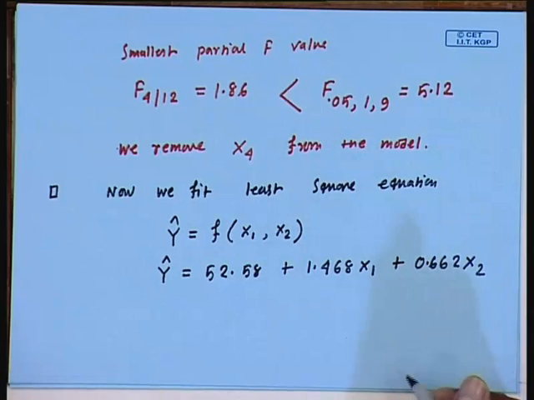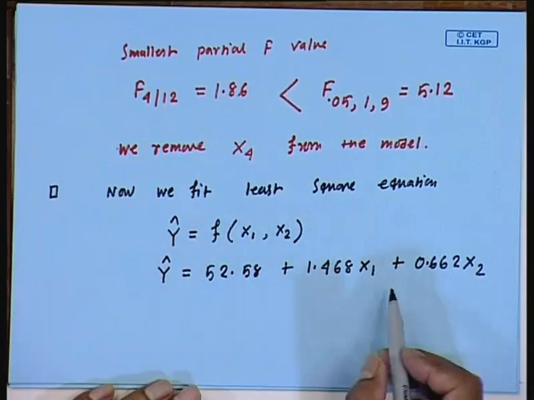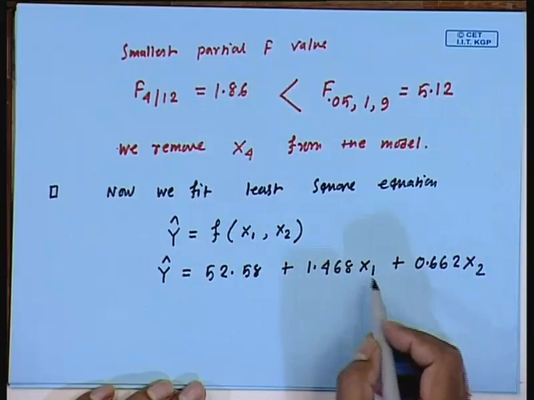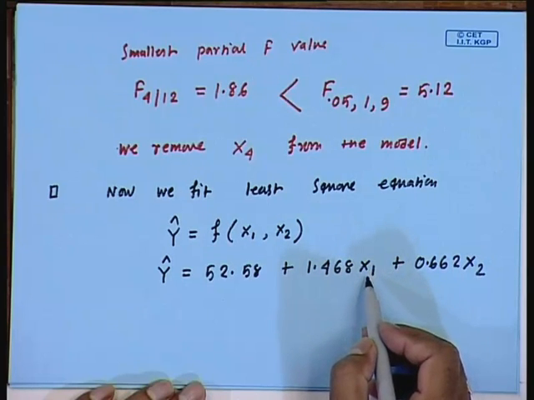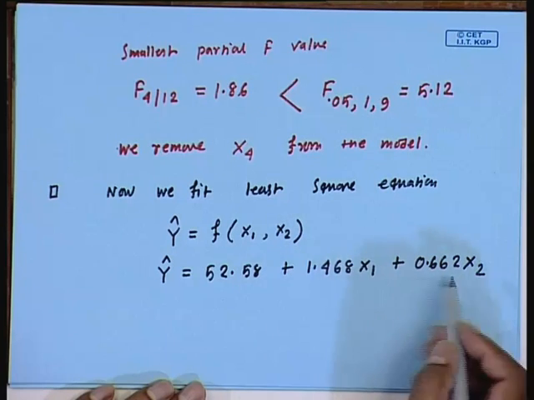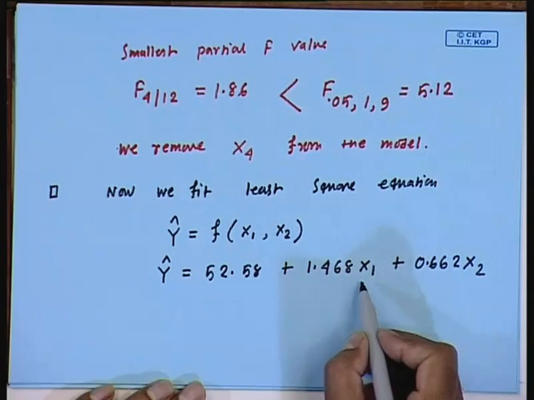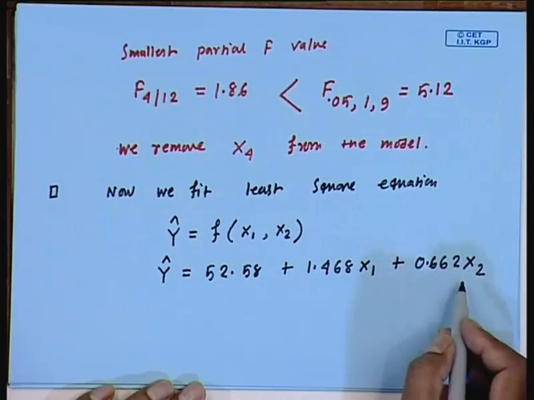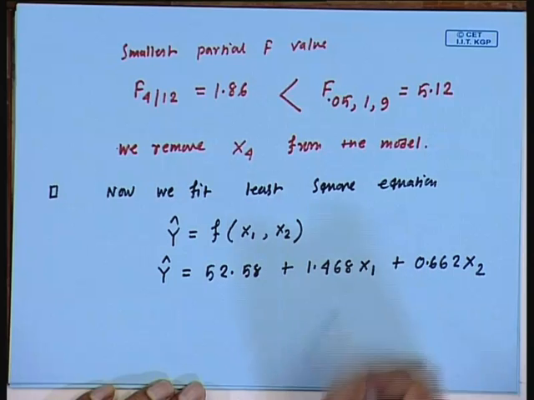Now, we have a model involving x1 and x2, and we need to check whether we can remove any more regressors from it. That means we have to check the significance of x1 in the presence of x2, and also the significance of x2 in the presence of x1.